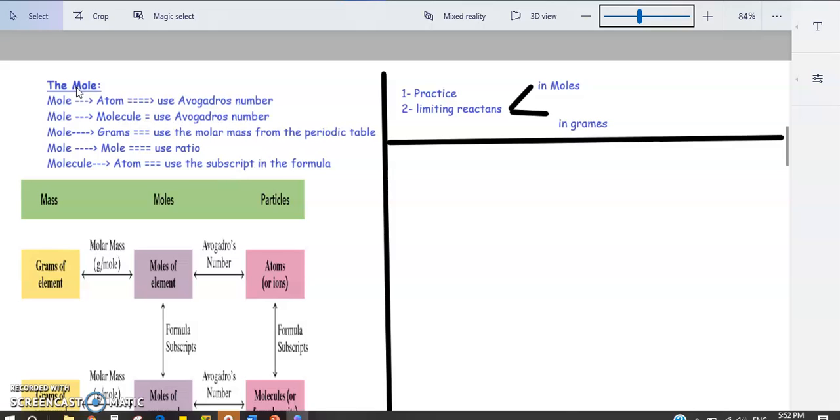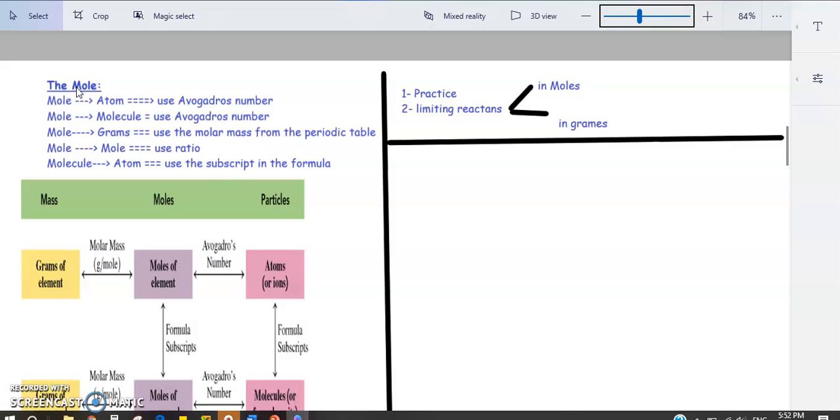And we talked last time about how to change any formula from mole to atom. If you try to remember, from mole to atom, we always use the Avogadro's number. From mole to mole, we use also Avogadro's number. From mole to grams, we use the molar mass from the periodic table.